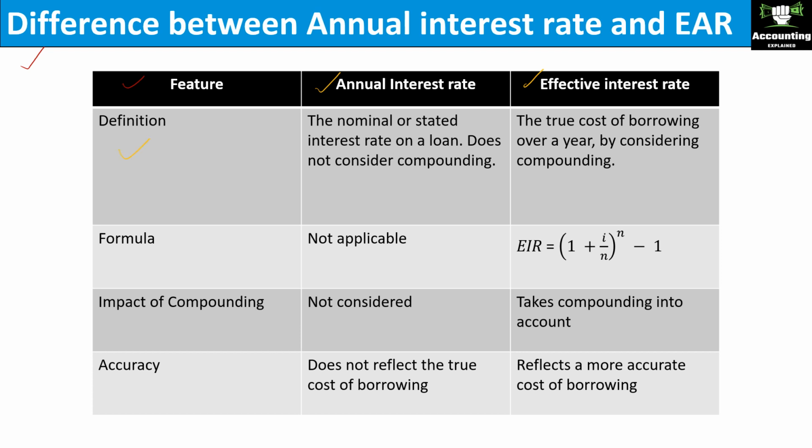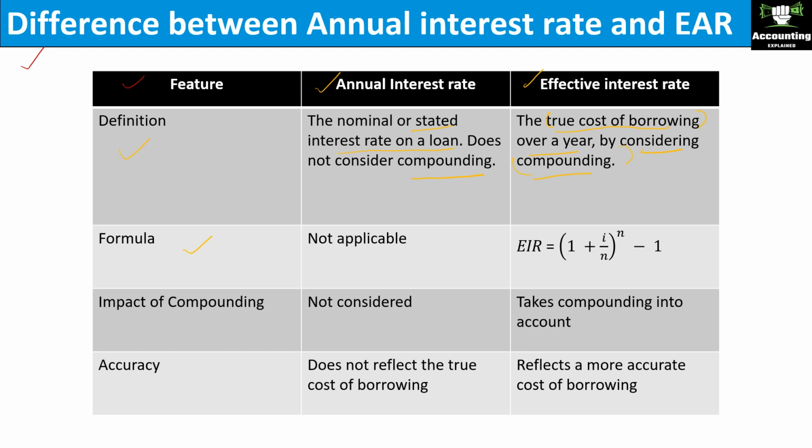Definition: the nominal interest rate or stated interest rate on a loan is the interest provided by the lender. It does not consider compounding. The effective interest rate is the true cost of borrowing over a year by considering compounding.